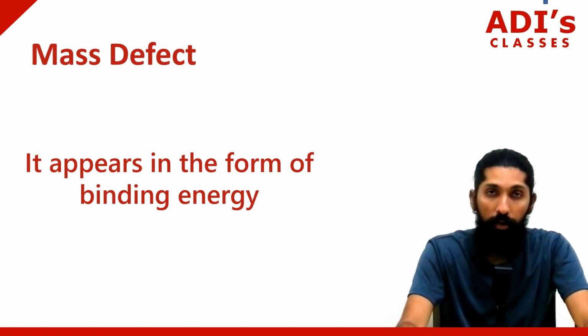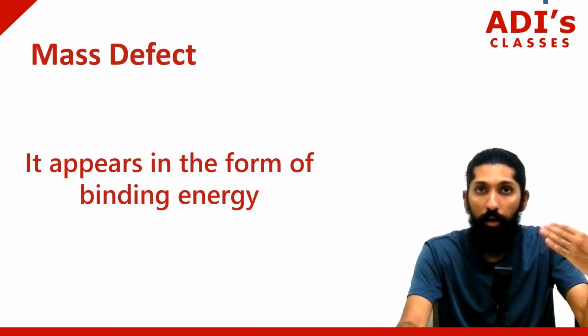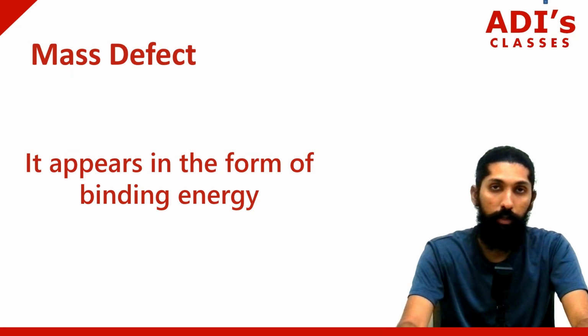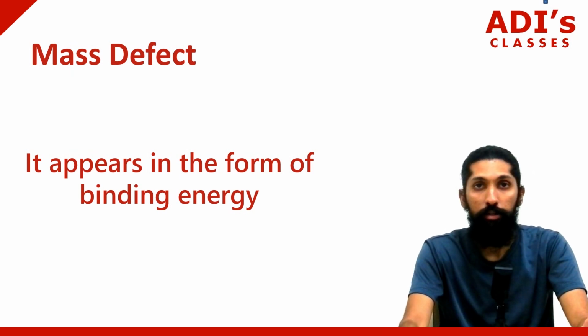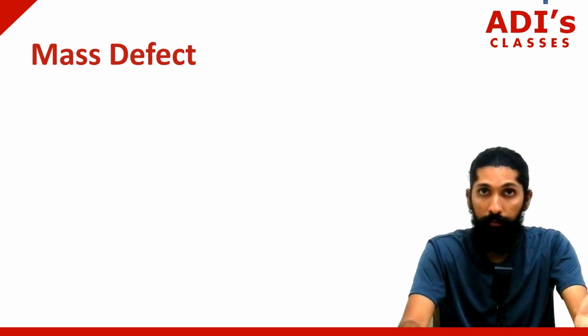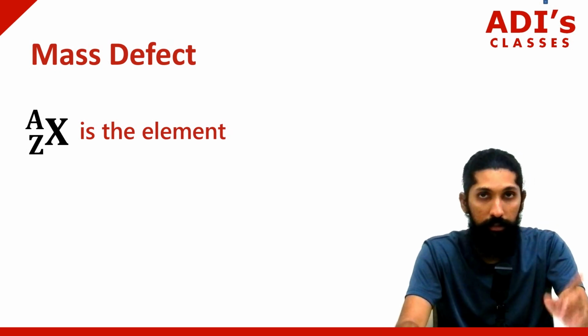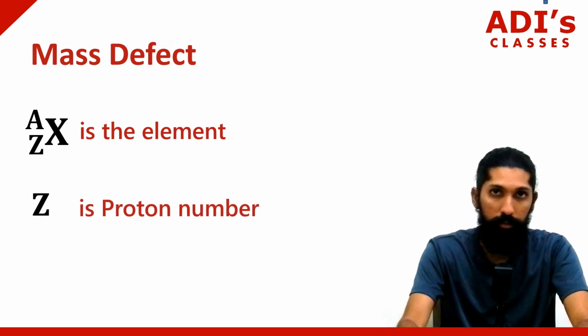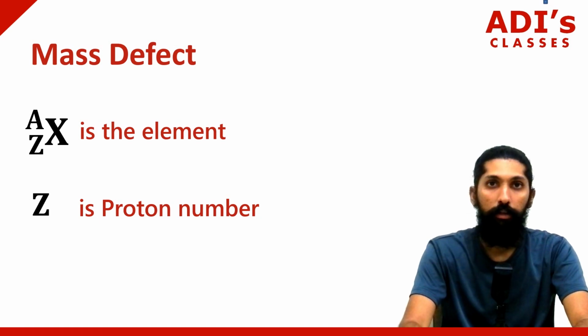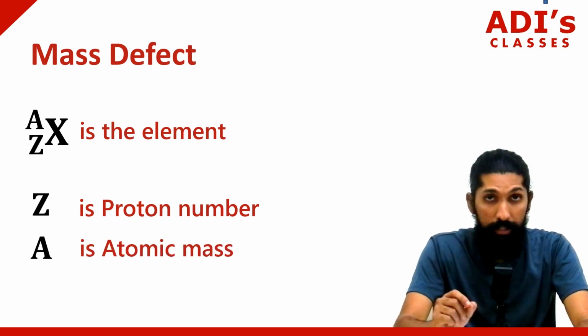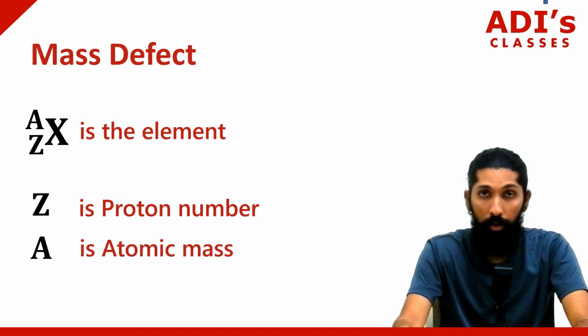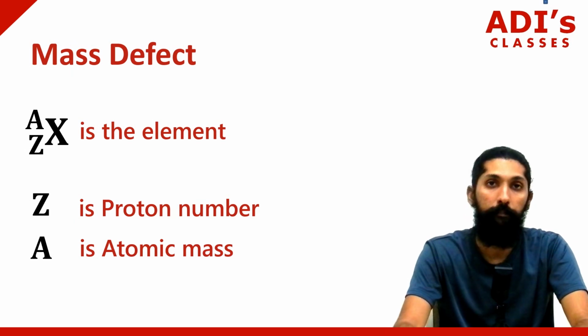Now mathematically, how do we calculate the binding energy? Because every nucleus is not the same, binding energy has to change for every nucleus. Suppose, let's say ZXA is an element, as in a nucleus. Z represents the number of protons, or basically the charge, correct?